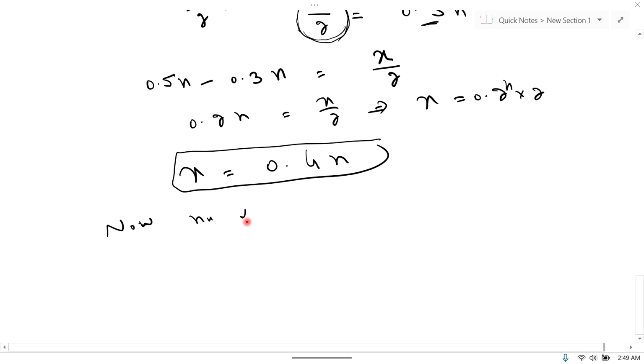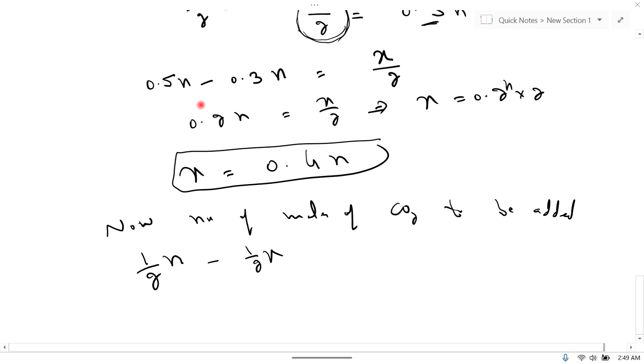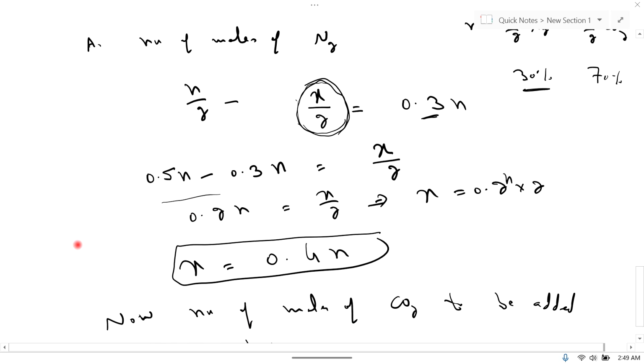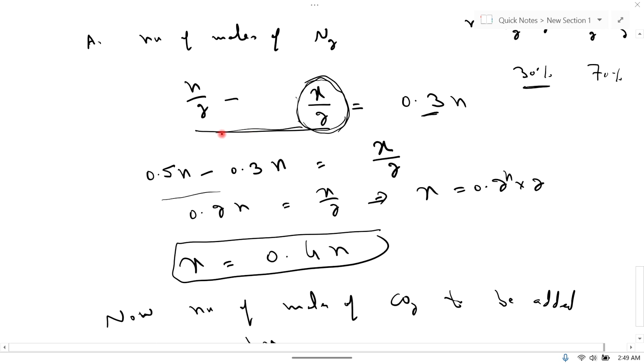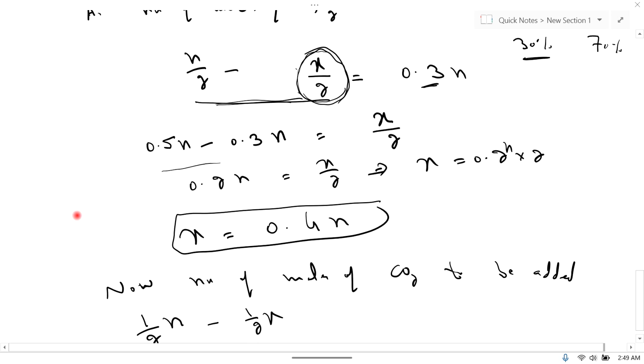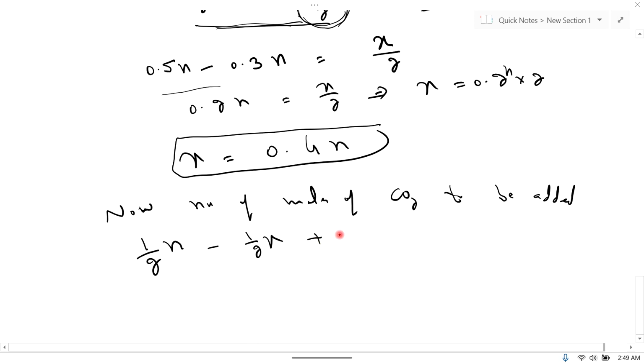The total number of moles is equal to 1 by 2 n minus 1 by 2 x, and we will add carbon dioxide with this.